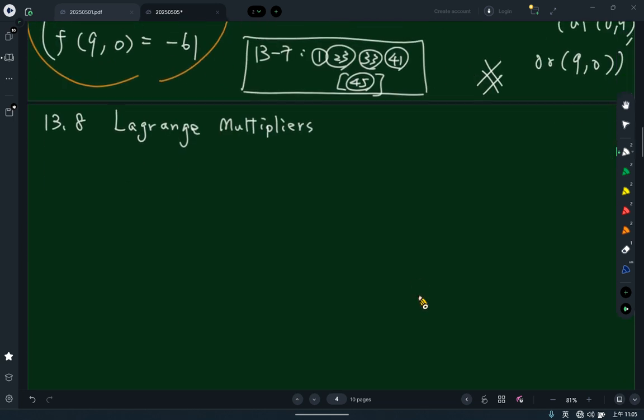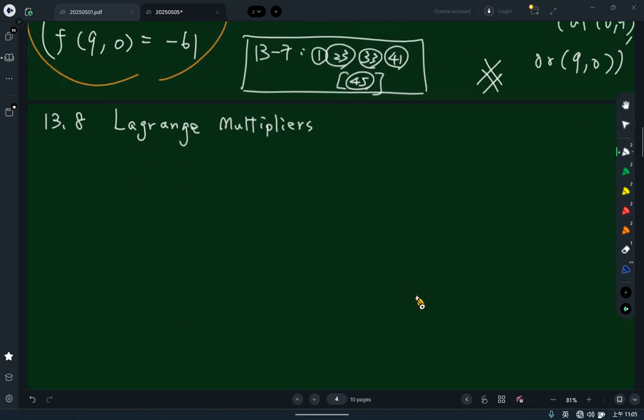But in this case, I will show you the first example: if I give you f(x, y) equal to x cubed minus x, minus y squared, subject to x squared plus y squared is equal to 1.